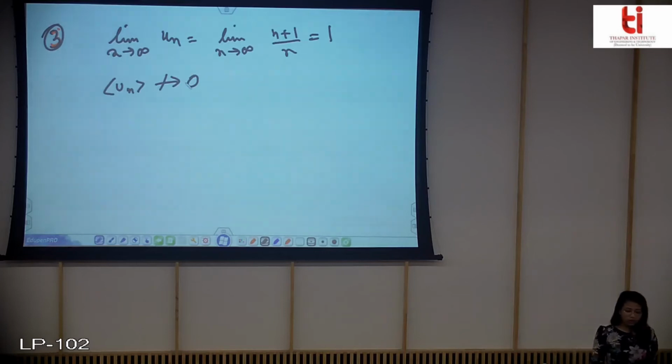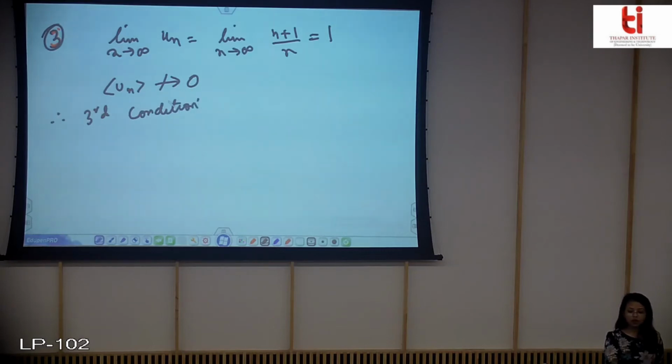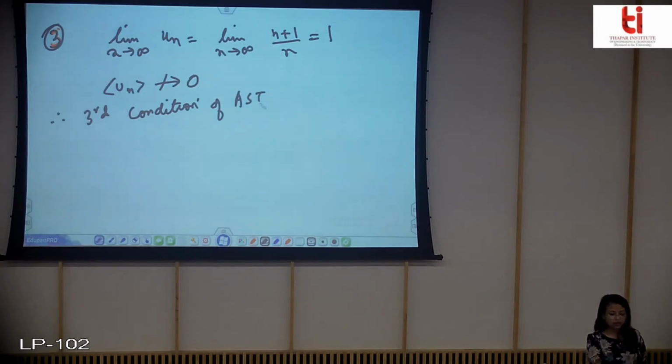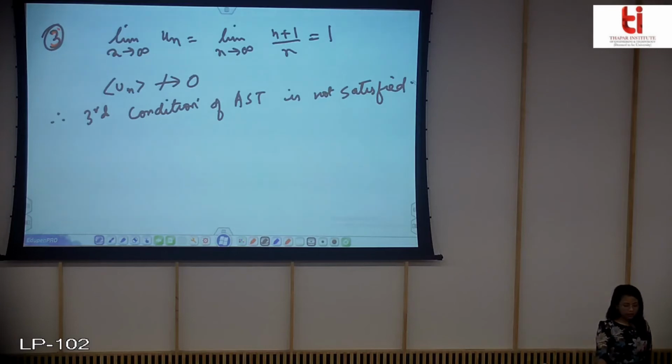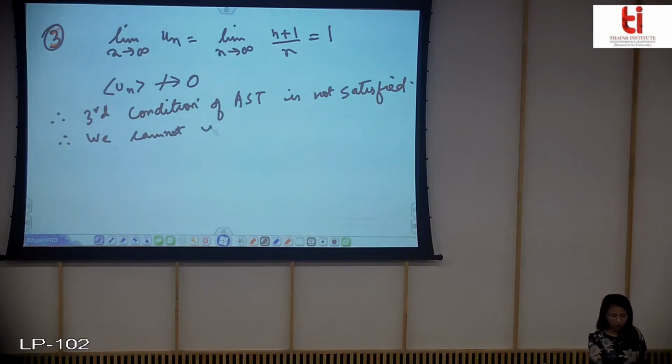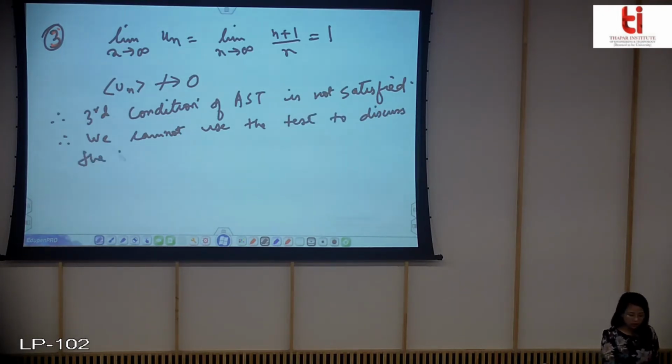So the third condition of the alternating series test, or Leibniz test, is not satisfied, and therefore we cannot use the test to discuss the convergence of the summation of an.